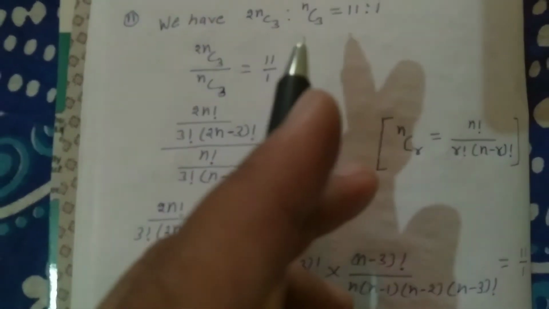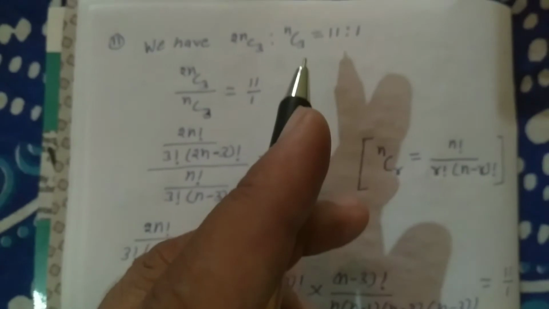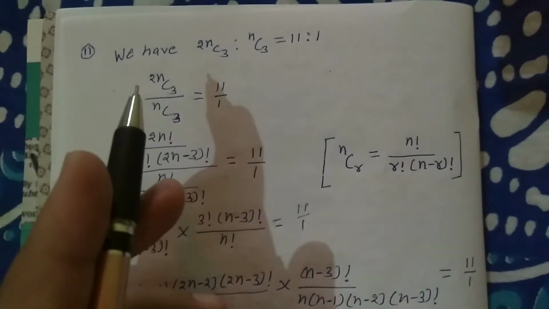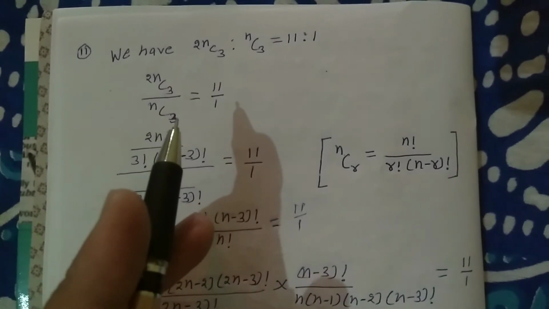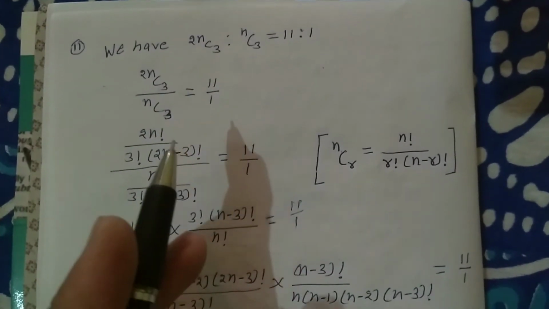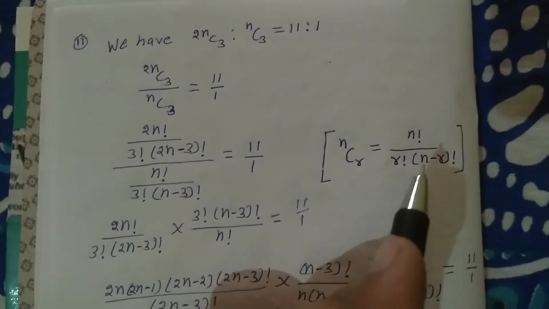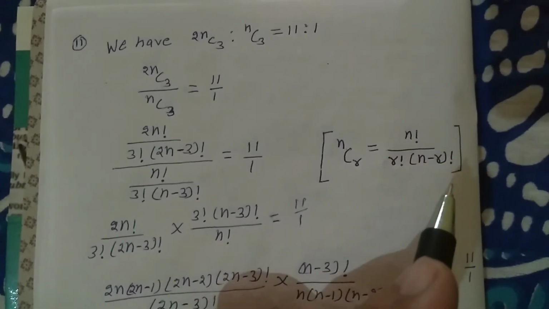Second, we have 2nC3 : nC3 is equal to 11 : 1. So 2nC3 upon nC3 is equal to 11 upon 1. Here the formula used is nCr equals n factorial upon r factorial times (n minus r) factorial.